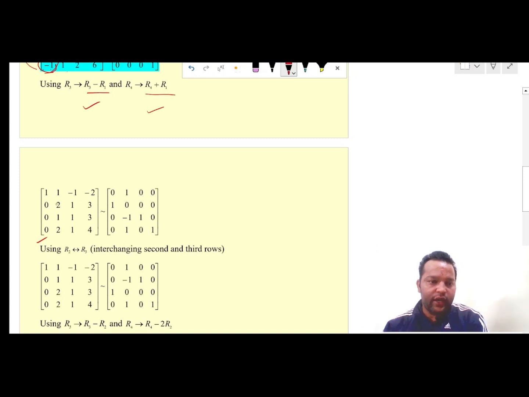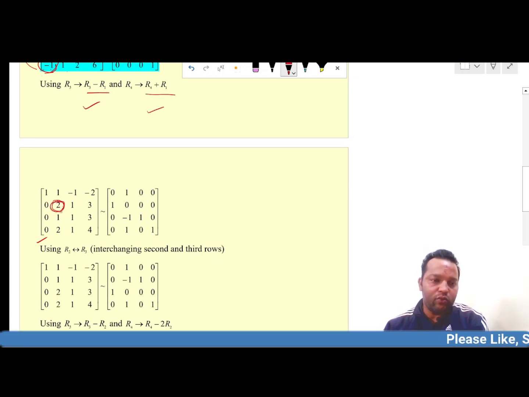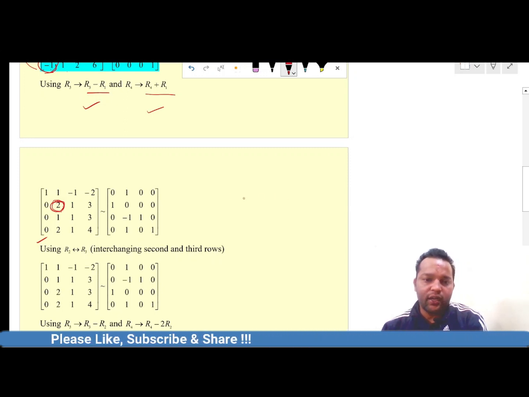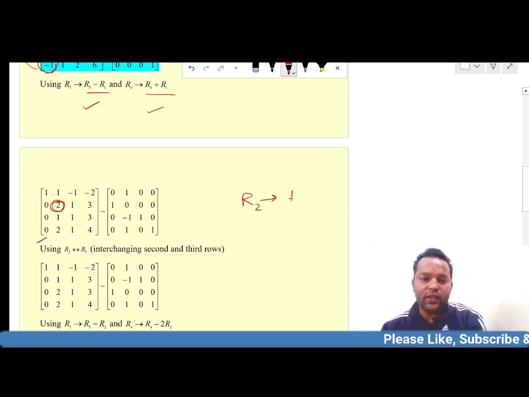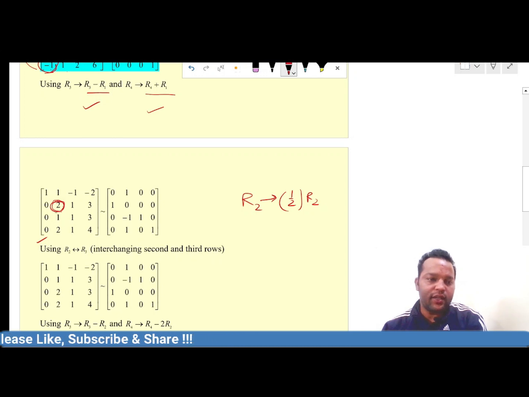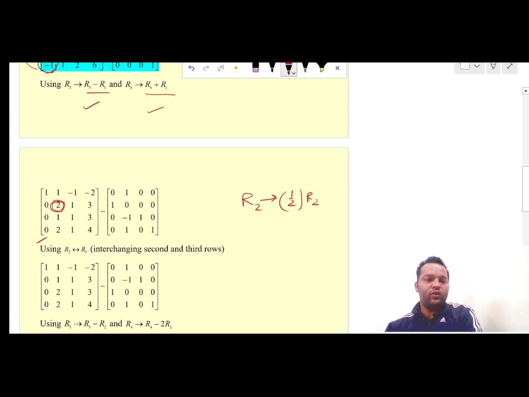Now, our next objective is to make the second diagonal entry 1. There may be many combinations of elementary transformations to convert this into 1. The first combination may be to simply divide all the elements of the second row by 2. Then this entry also reduces to 1.